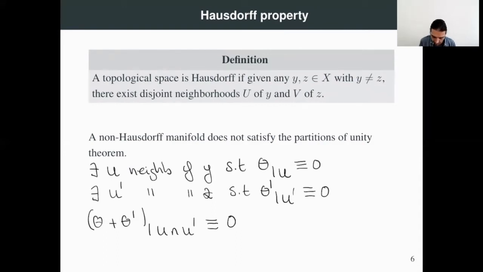And since theta plus theta prime is equal to 1, what we get is that U intersection U prime has to be the empty set, which is not true because we know that every neighborhood of Y intersects every neighborhood of C. So this intersection over here is indeed non-empty. And so in this way, we obtain a contradiction.